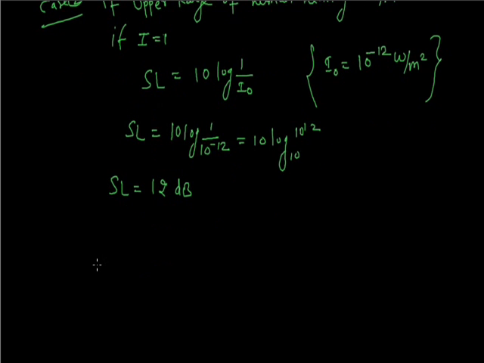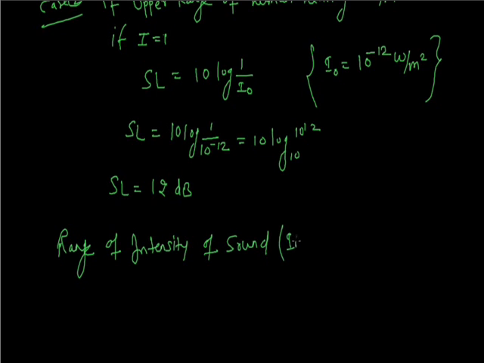So we get the range of the intensity of sound for human hearing in decibel: from 0 decibel to 120 decibel.